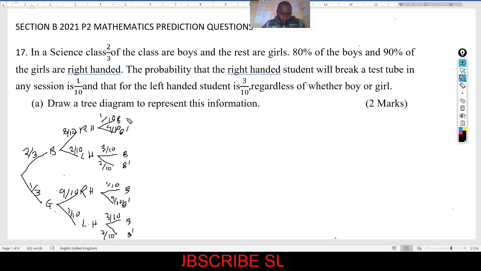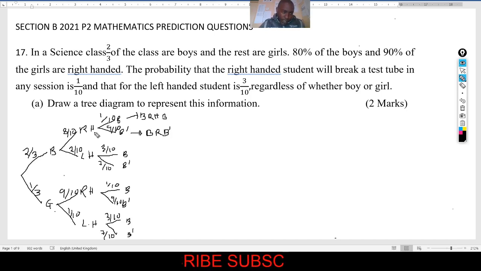So here we have what we call boy. This is right-handed and breaking. Then here we have boy, right-handed but not breaking.